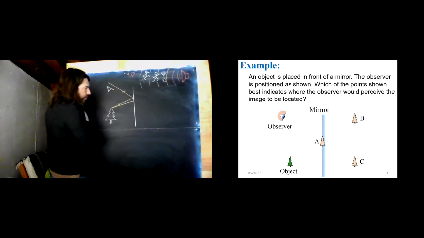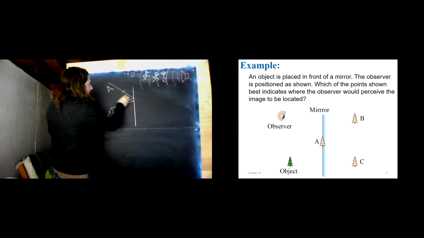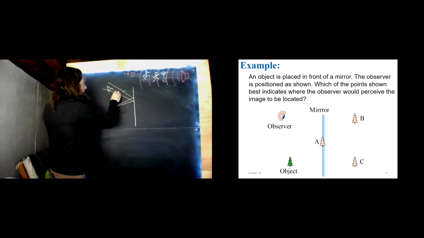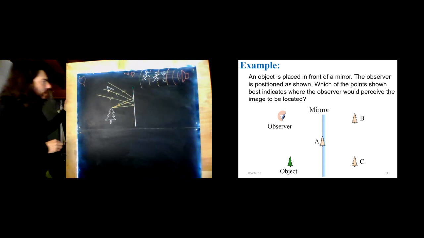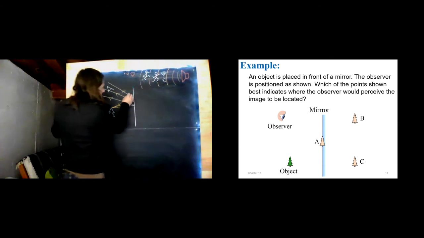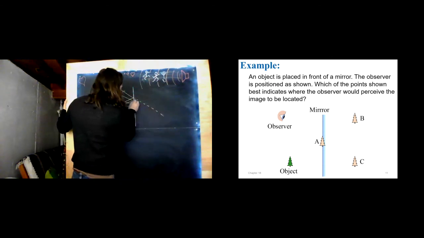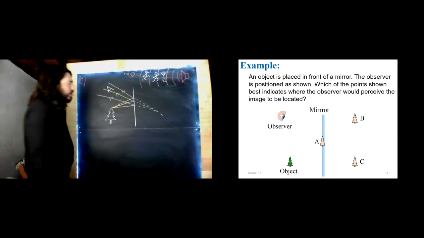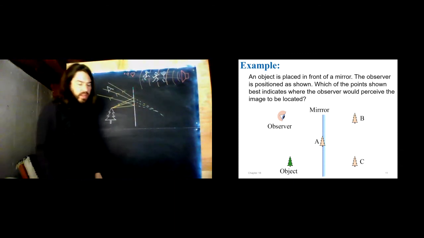Sorry, that arrow was going in the wrong direction. Okay. So there are rays. Now our brain thinks, I know what light rays do. They travel in straight lines. So my brain is pretty darn sure that there is a tree over there.